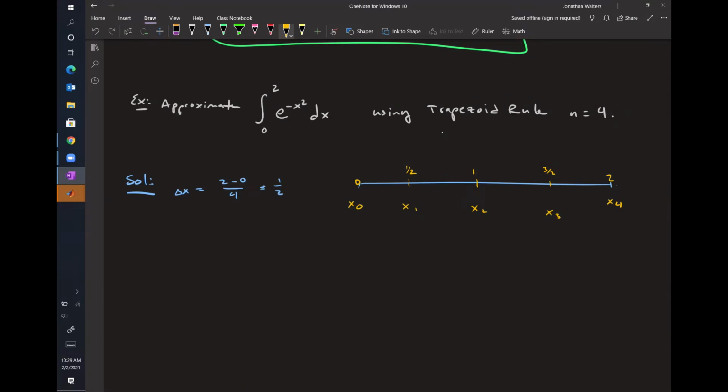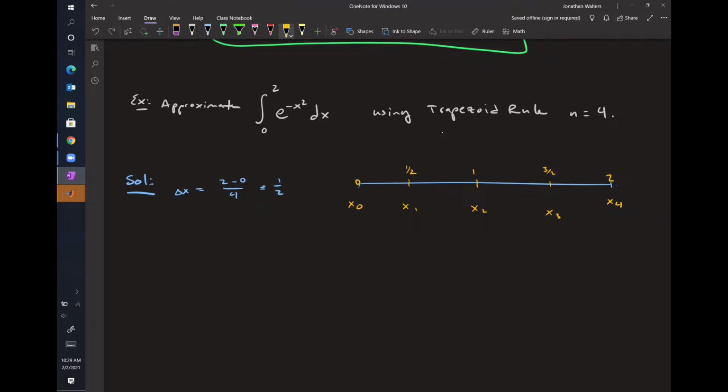Basically, add delta x to 0 to get 1/2, add delta x again to get 1, add delta x again to get 3/2, add delta x again to get 2. So those are my 5 points. So I've created 4 subintervals, x0 to x1, x1 to x2, x2 to x3, x3 to x4.